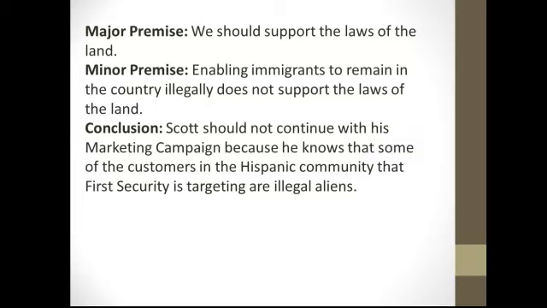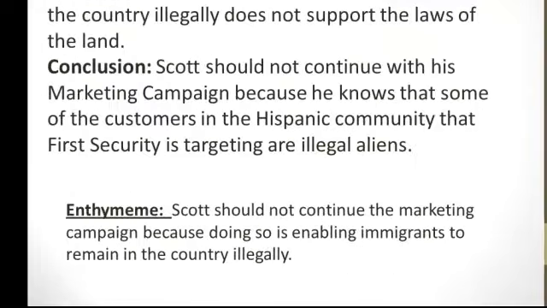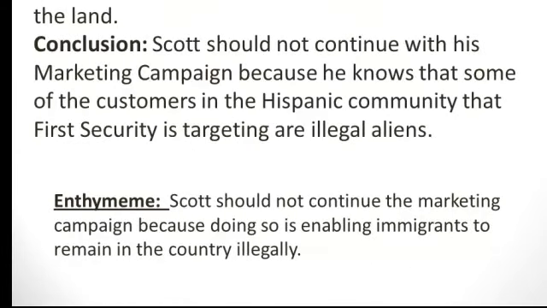The conclusion could actually just be, Scott should not continue with his marketing campaign. It could end right there. We've given you an enthymeme here because he knows that some of the customers in the Hispanic community that First Security is targeting are illegal aliens. Another enthymeme would be, Scott should not continue the marketing campaign because doing so is enabling immigrants to remain in the country illegally.